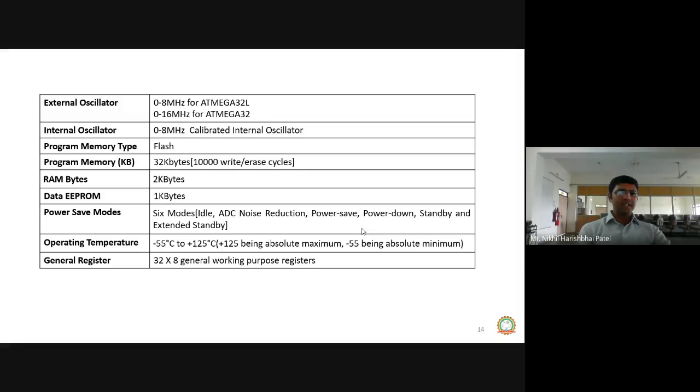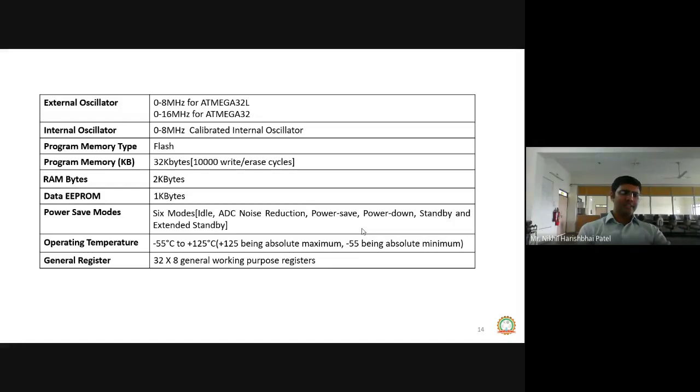The size of static RAM is 2 kilobytes, and the EEPROM size is 1 kilobyte, where we store the permanent program. There are different power saving modes also available: standby, ADC noise reduction mode, power down mode, power save, extended standby. The operating temperature of this chip is minus 55 degrees Celsius to 125 degrees Celsius.